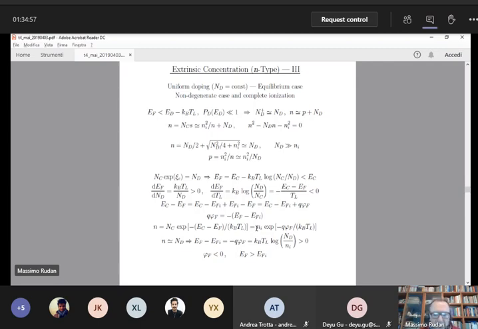Obviously, for the n-type doping, EF is larger than the intrinsic, so phi F is negative. This is obvious. Okay. So why do we do so? Why do we introduce this Fermi potential? Because later on, it will be much more convenient to use, instead of energies, to use electric potential. So we start introducing the electric potential that will soon replace the energies in the equations.